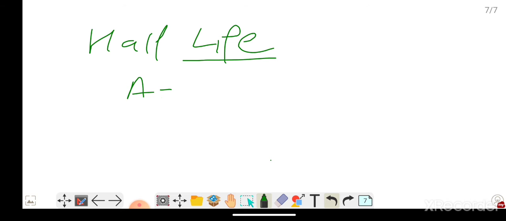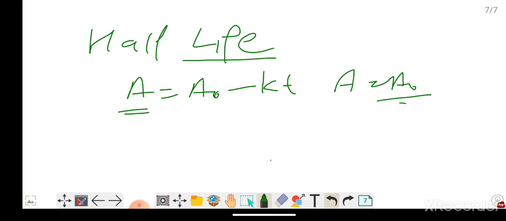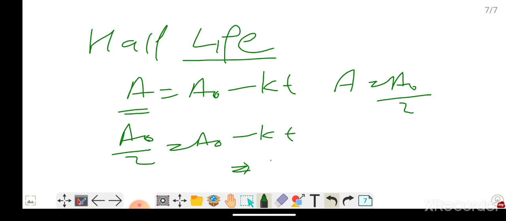So we have the integrated rate law equation, A is equal to A0 minus KT. For half-life, this A is equal to A0 by 2. So A0 by 2 is equal to A0 minus KT. This is the half-life.